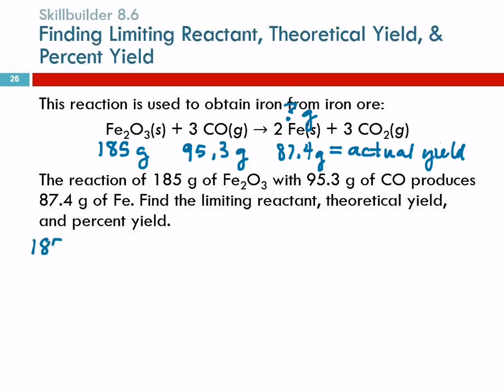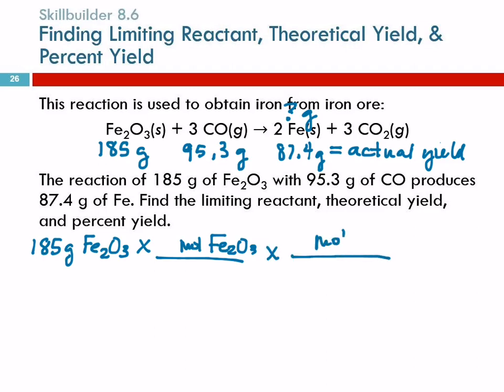So 185 grams of Fe2O3. Grams to moles to moles to grams. So grams of that to moles of that, to moles of what I'm trying to find, which is the Fe, to grams of Fe.